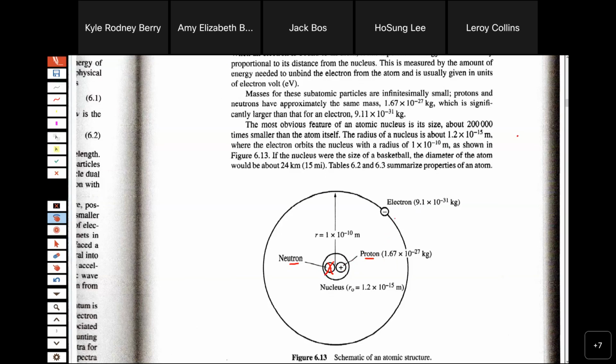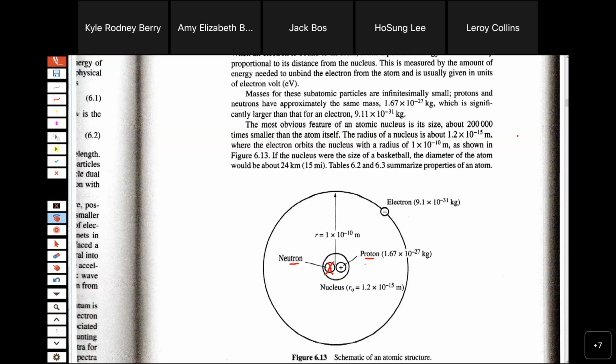So one electron, that is hydrogen. And the electron is a fundamental particle, which means we cannot split it. It's the smallest fundamental particle.